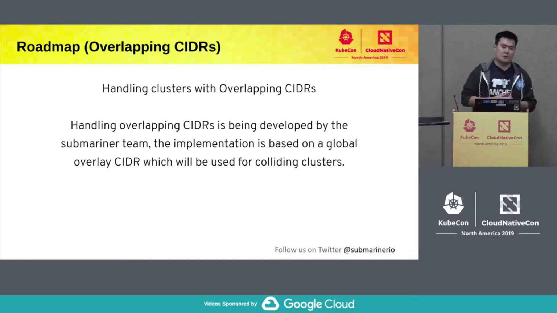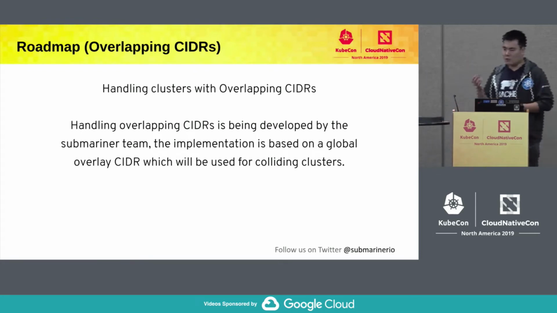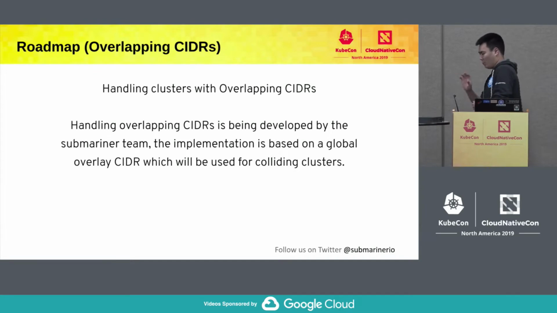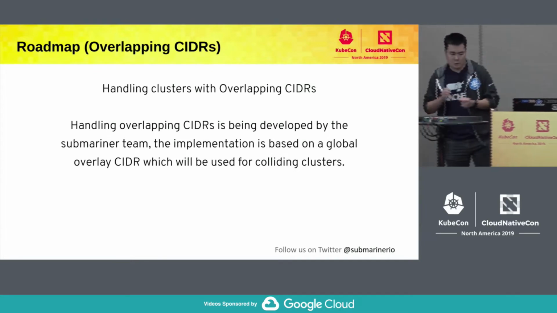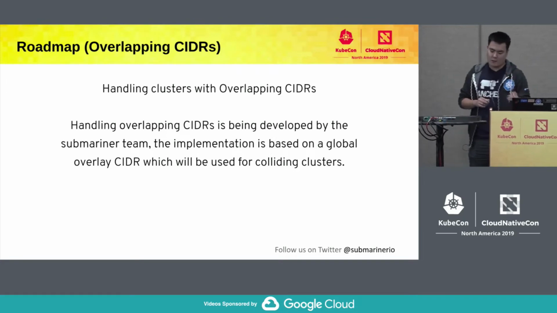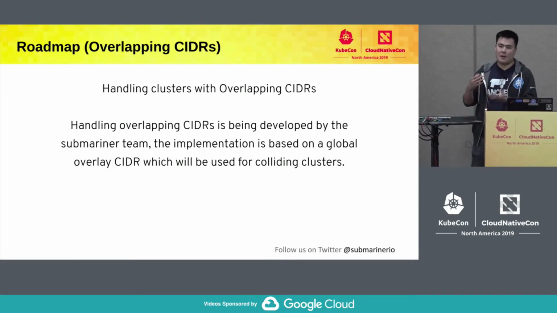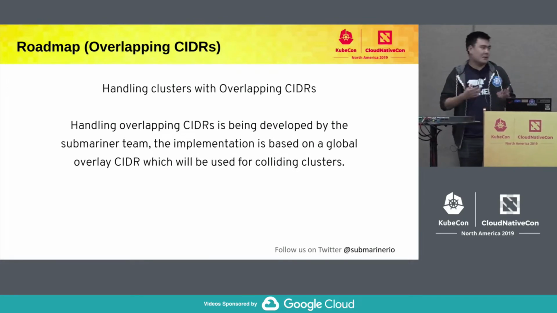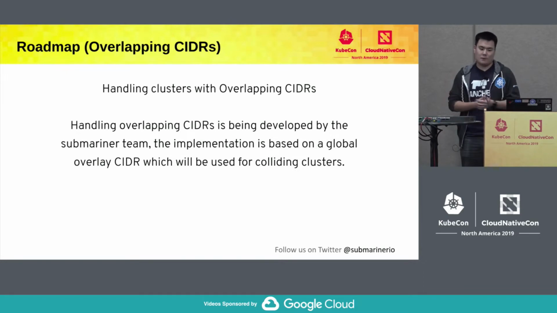And currently the proposal is to use a global overlay CIDR, where we'll do a little bit of translation and have a one-to-one relationship between the pods in cluster A and pods in cluster B. But that is obviously still in proposal at this point. So if you have any feedback or ideas on how to do global clusters with overlapping CIDRs, come check out the proposal we have in the Git repository.